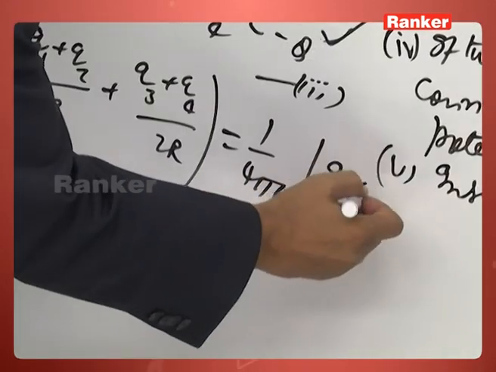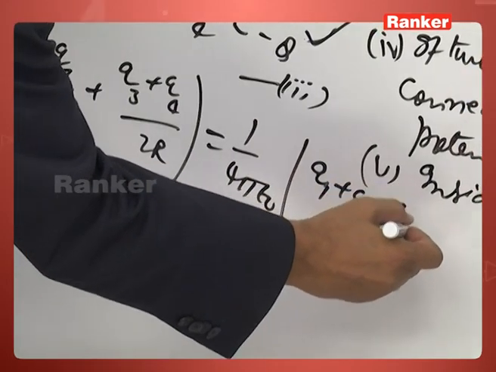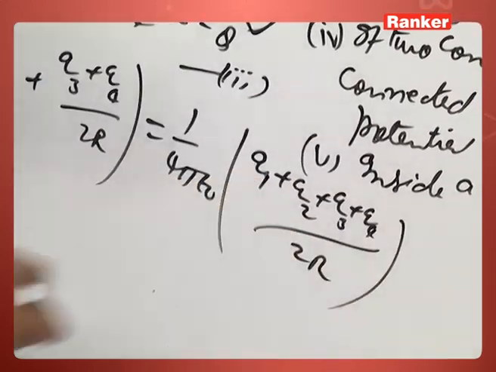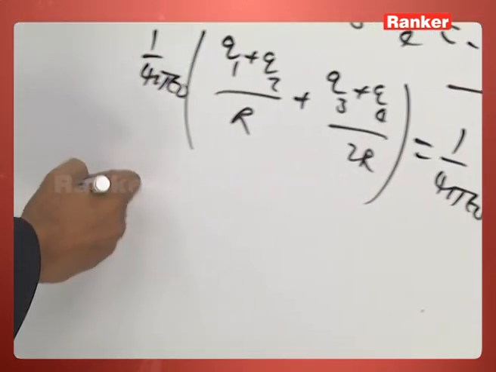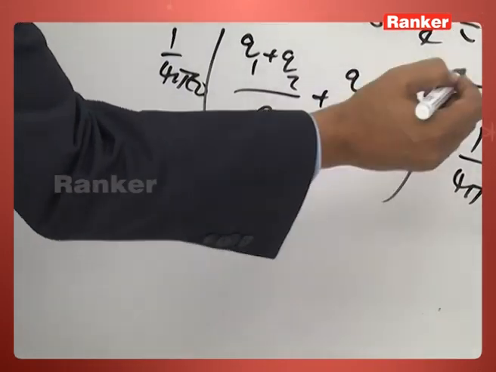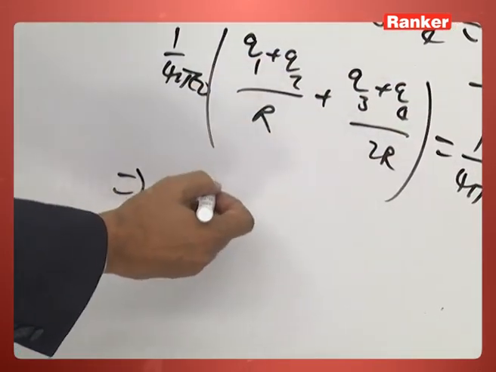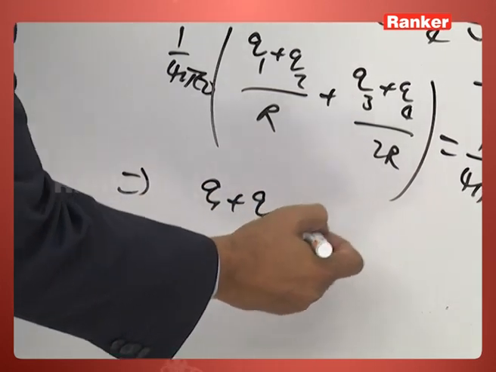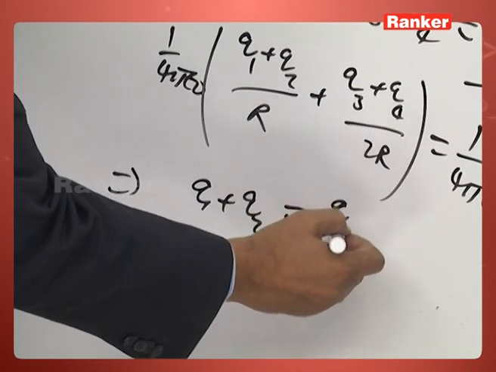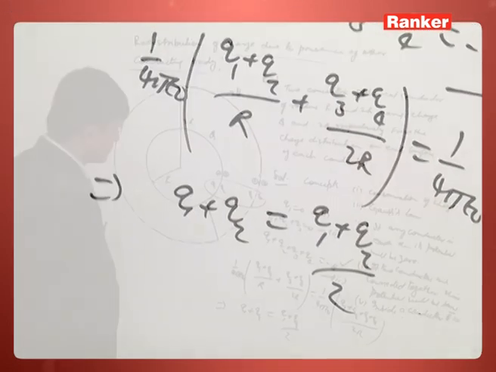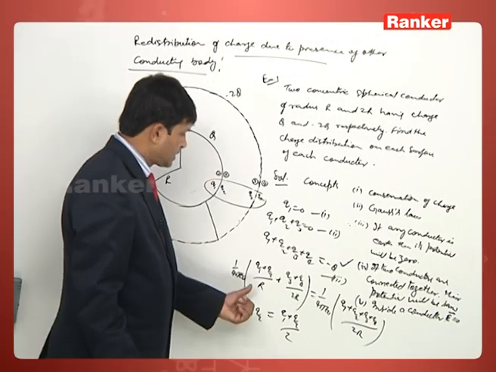So (Q1 plus Q2 plus Q3 plus Q4) by 2R. So finally, (Q3 plus Q4) by 2R cancels on both sides, and (Q1 plus Q2) by R is equal to (Q1 plus Q2) by 2R.